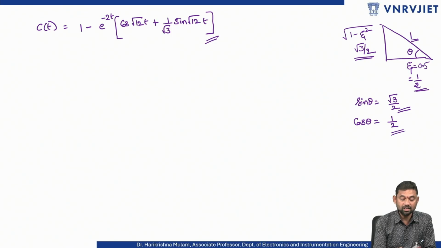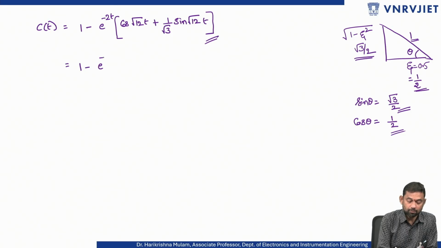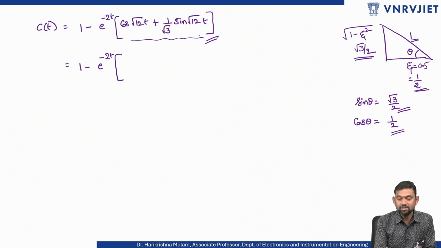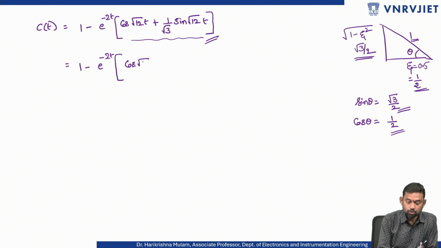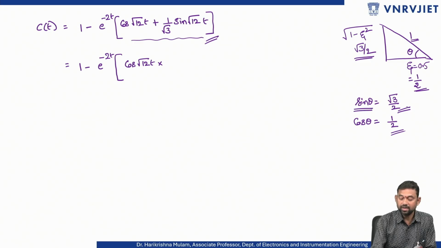Okay, let us use these values in this expression so that the theta term is there in the response of the second order system. Therefore, C of t is equal to 1 minus e power minus 2t. So we need to rearrange this expression so that it looks in the standard way of representing the response of second order underdamped system. So we have cos root 12t and it should get sine term. Therefore, sine theta value I am writing root 3 by 2.